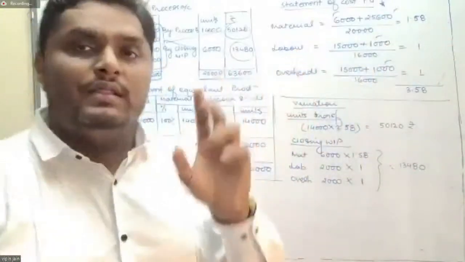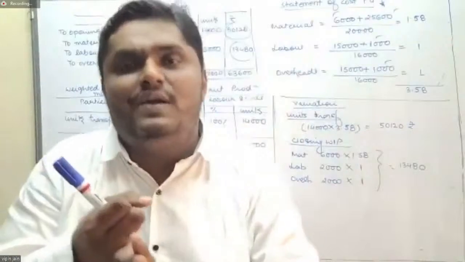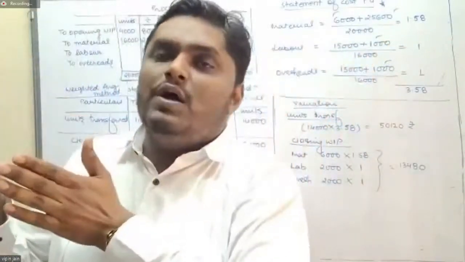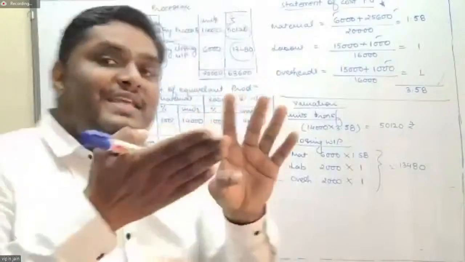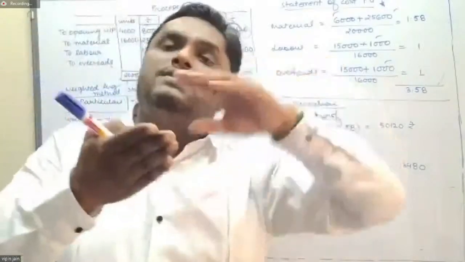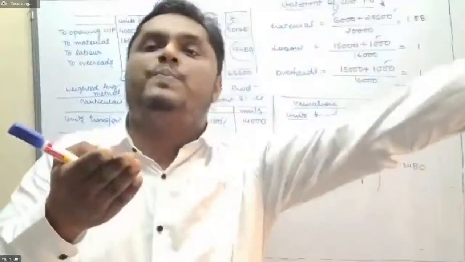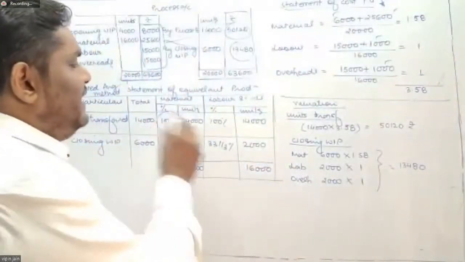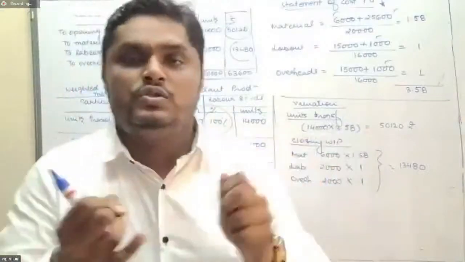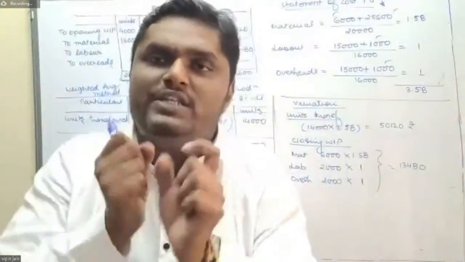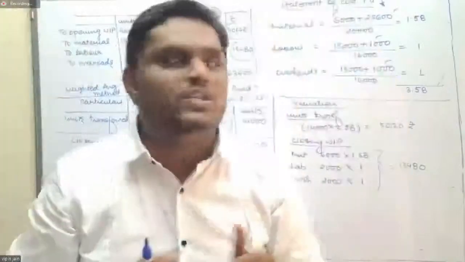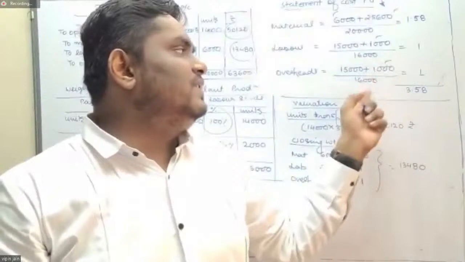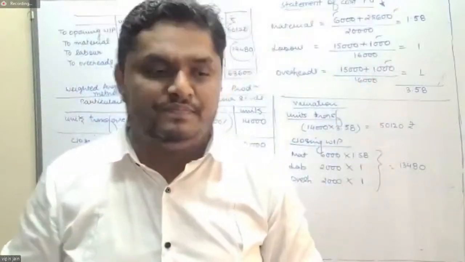Similarly, for labor, the cost incurred this year plus the cost incurred last year divided by 16,000. Why am I taking the cost incurred last year? Because these 4,000 units which were processed to a certain percentage last year are also considered here. That is why we are taking 100% and 100%. Since we are considering the units part, we have to consider the cost part also. Similarly, in case of overheads, 15,000 plus 1,000 divided by 16,000.